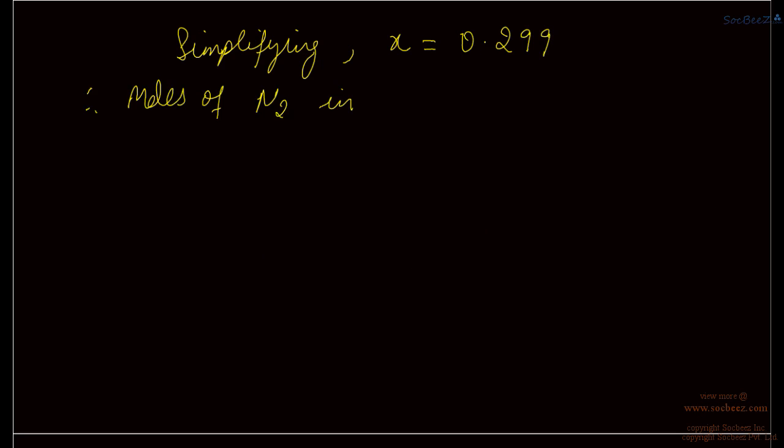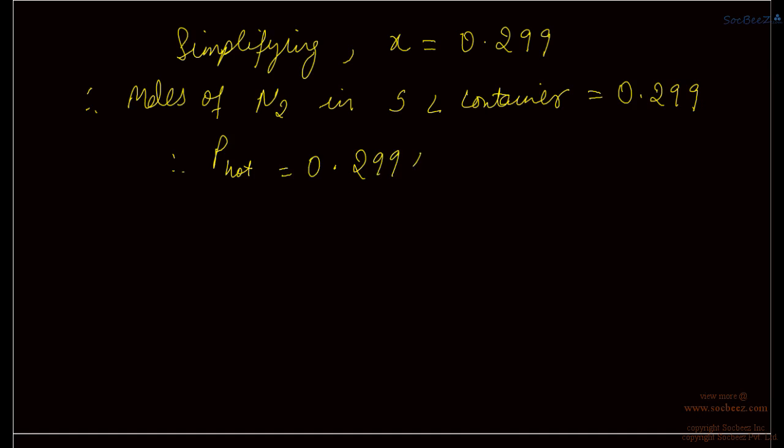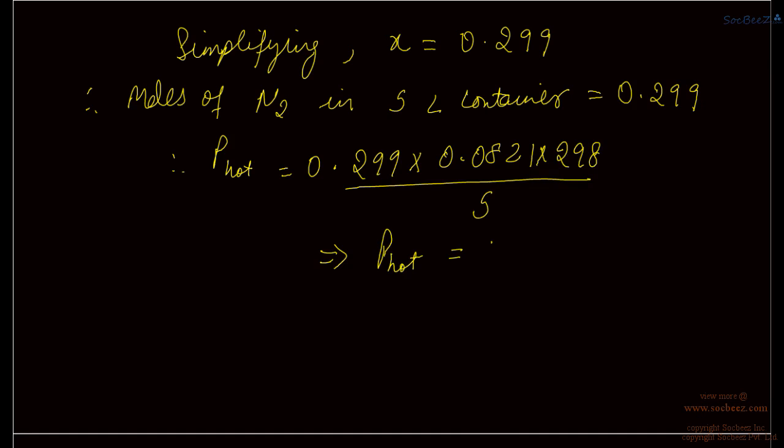And therefore moles of N2 in the 5 liter container equals 0.299, and the final pressure of the 25 degrees Celsius container is 0.299 into 0.0821 into 298 divided by 5, and hence we get the value of pressure as 1.465 atm.